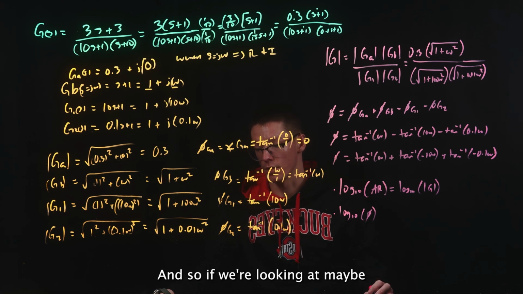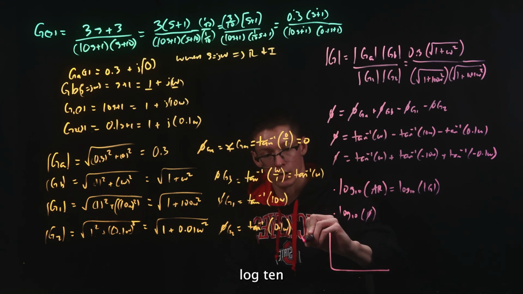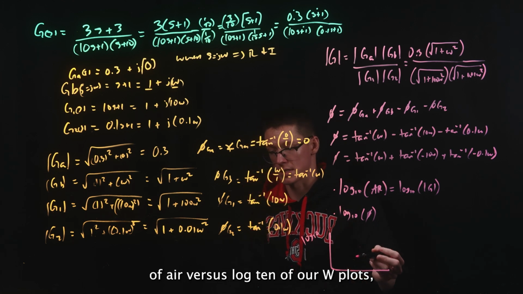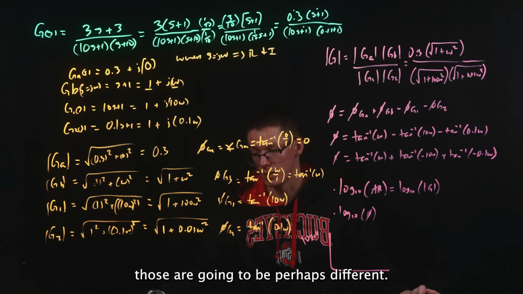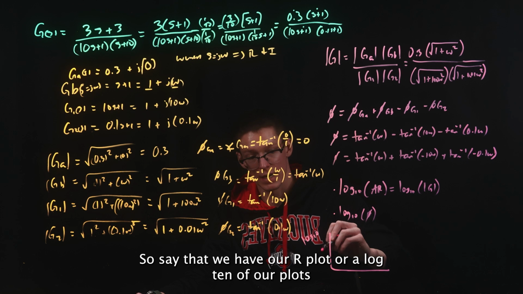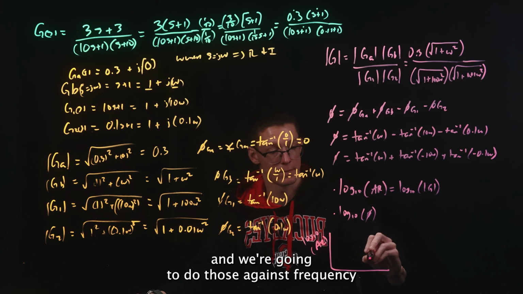And so if we're looking at log 10 of AR versus log 10 of our W plots, those are going to be perhaps different. Say that we have our AR plot, or our log 10 of AR plots, and we're going to do those against frequency.